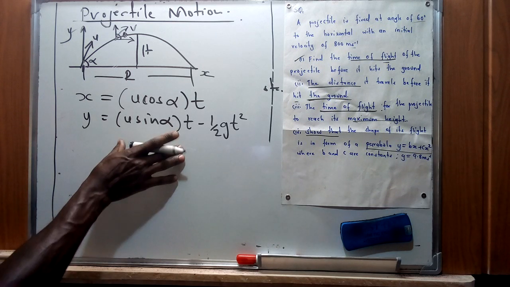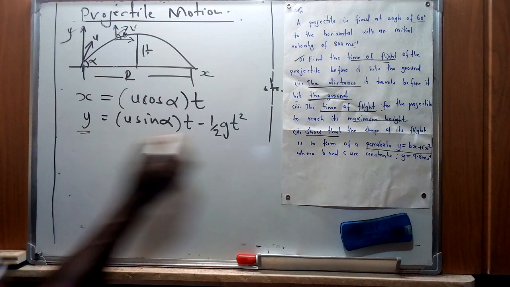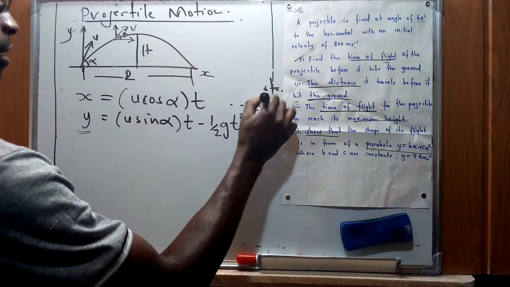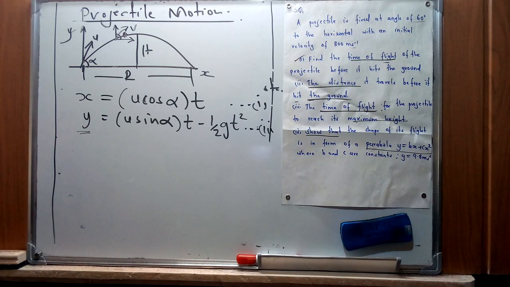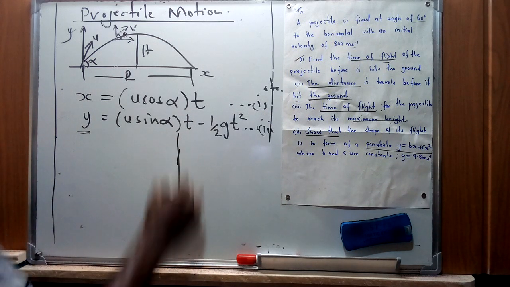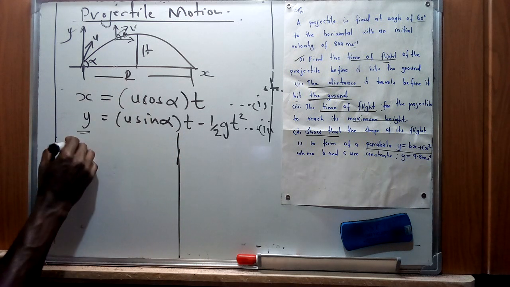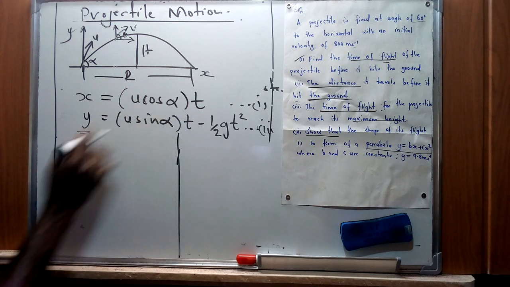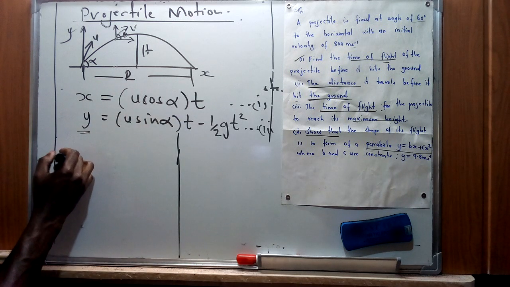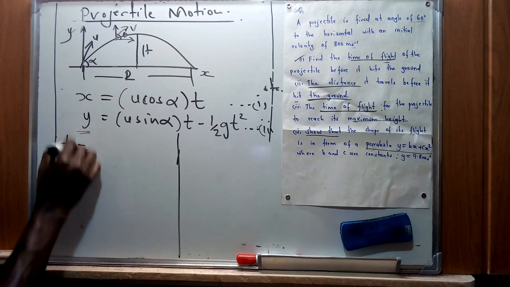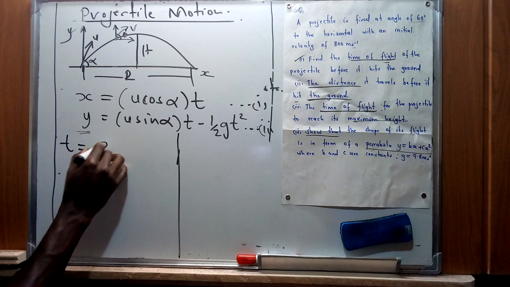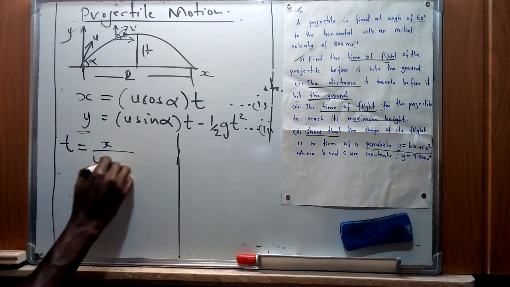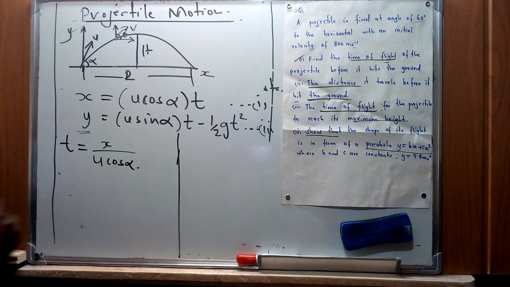So in trying to show the function for this, we can take this as the first and second equation, by trying to find a form of the first equation and doing a substitution for that one in the second equation. In this case, we're going to make t the subject of our formula and substitute it in the second equation. So from the x equation, you can describe t as x all over u cosine of alpha.